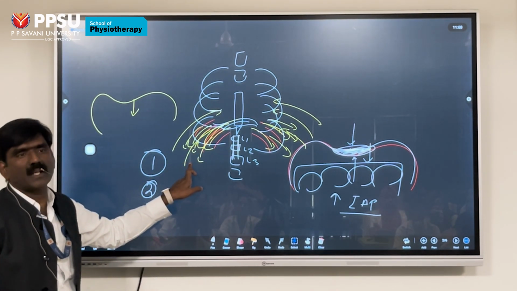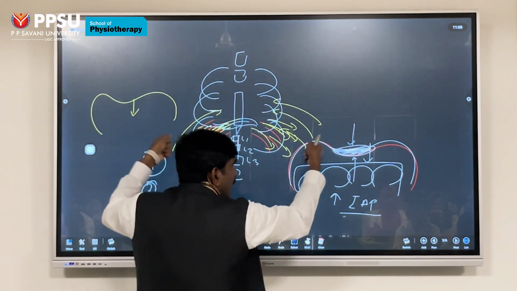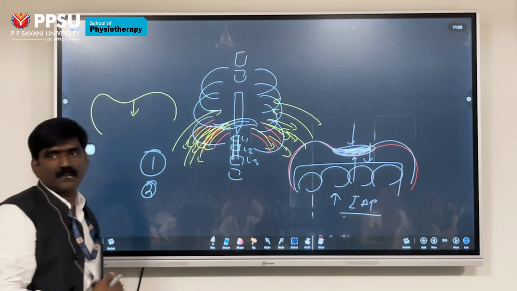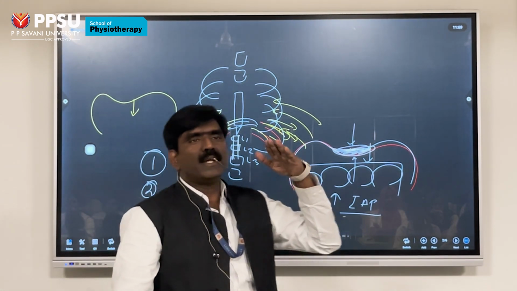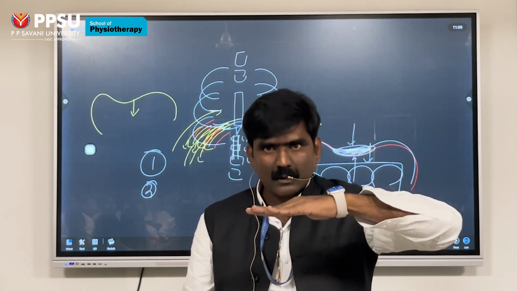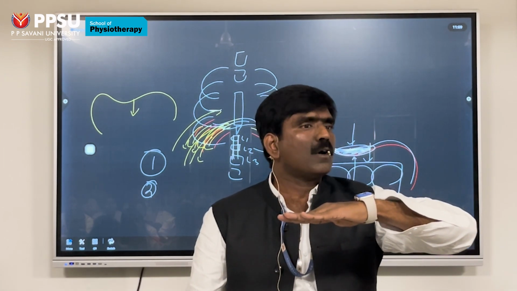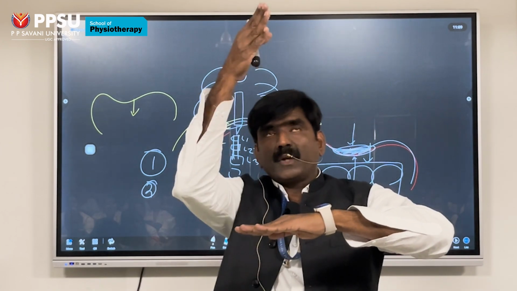When the muscle is contracting from origin to insertion, what happens? Now the ribs will start elevating. Are you clear? During the initial part of inspiration, when the diaphragm is contracting down, the direction of muscle contraction is from insertion to origin, right?